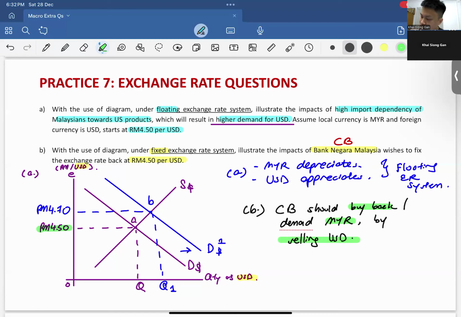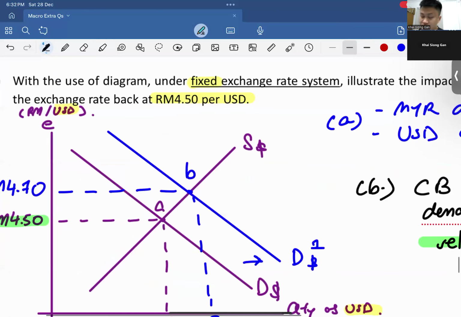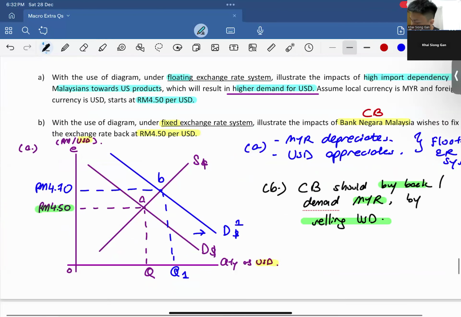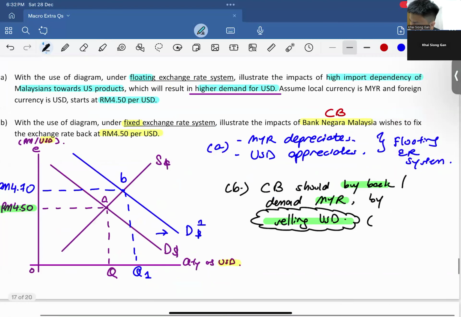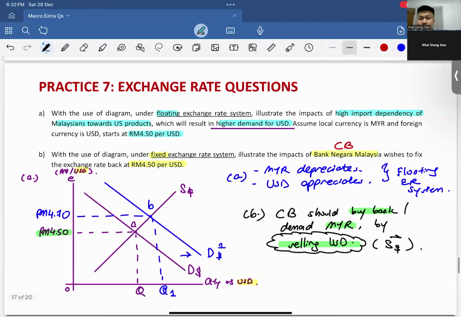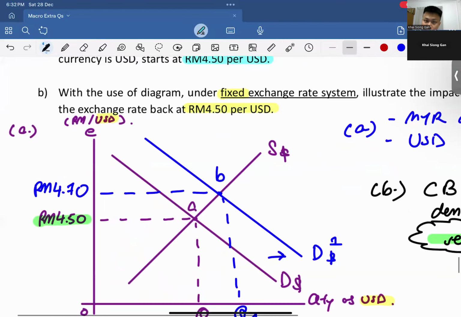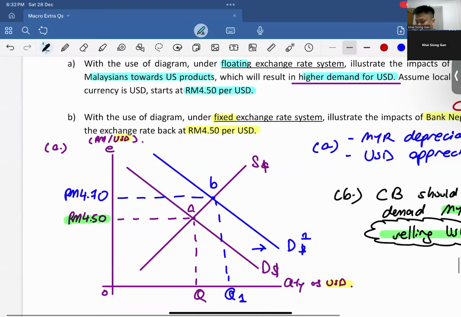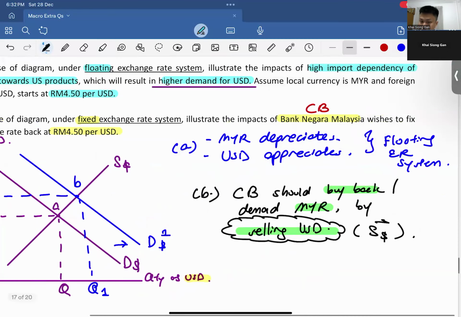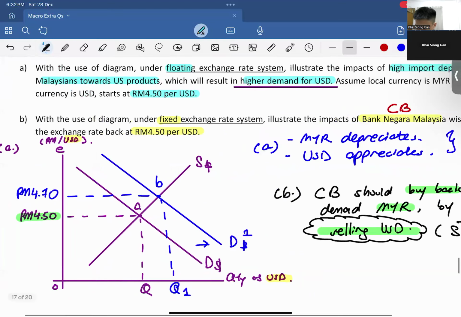And which one are we drawing? Because this graph is all US dollars, right? So we draw this one. Selling US dollars means the supply of US dollars will increase. When this question is asked together, you can draw it separately, drawing it one more time and showing the increase of the supply curve, or you can continue on this graph.